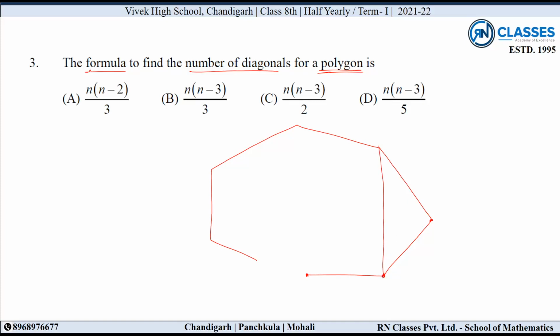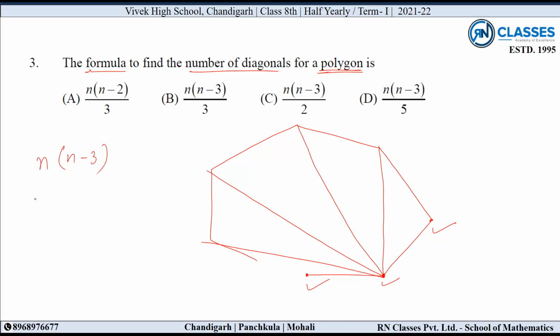Where will you connect this vertex? With this vertex, this vertex, and so on, right? If there are n vertices, you are not going to connect it with itself and the adjacent vertices. So you are not going to connect it with 3 vertices, so the other vertices will be n minus 3.